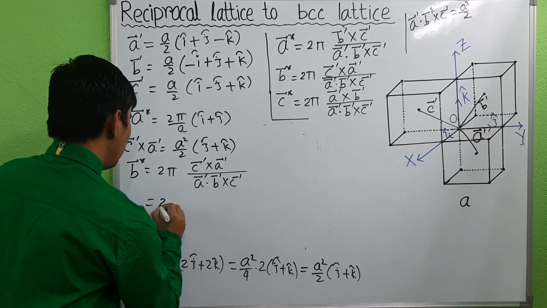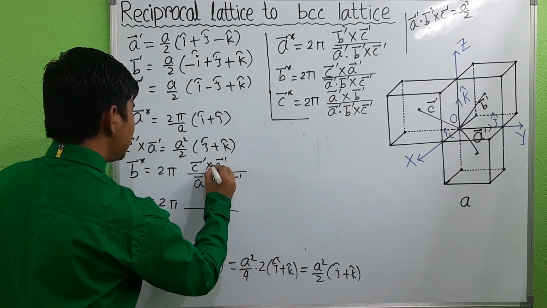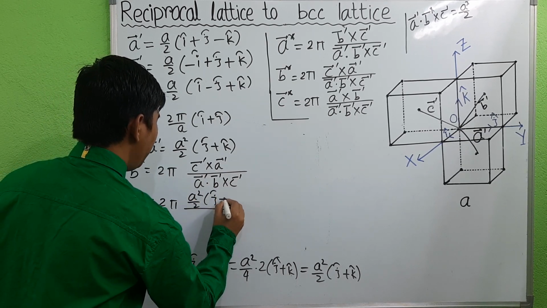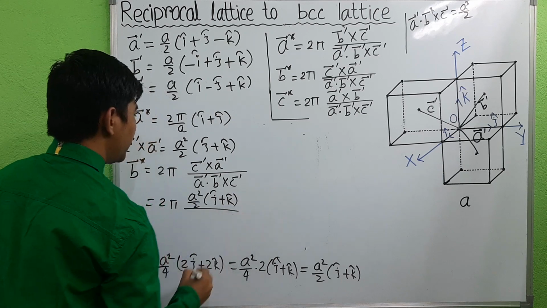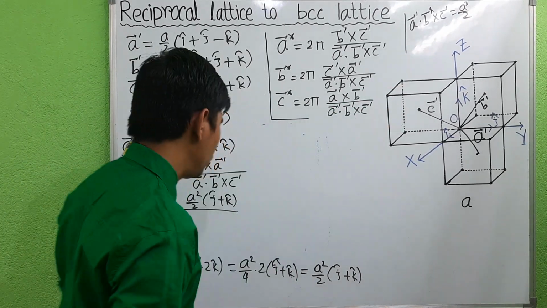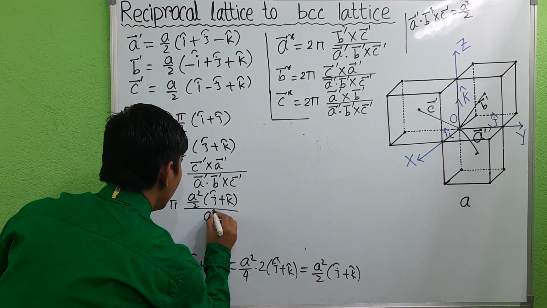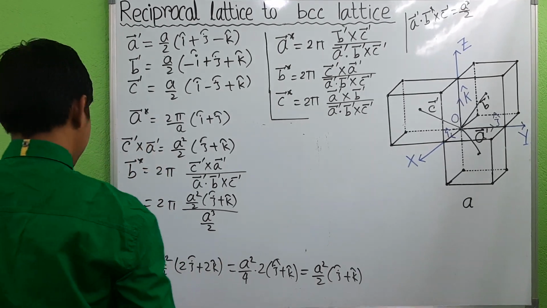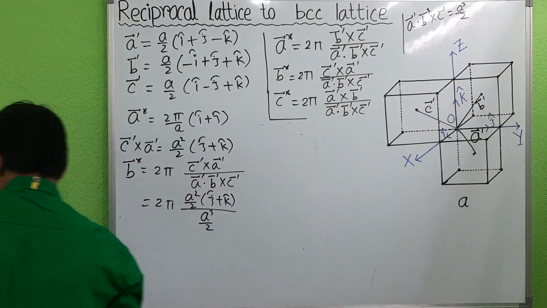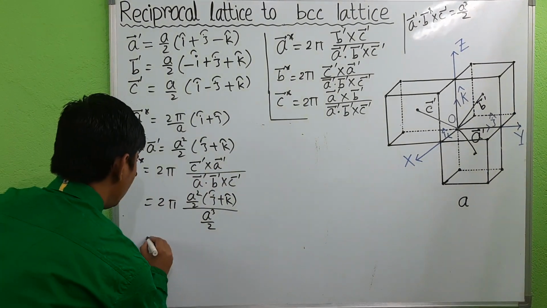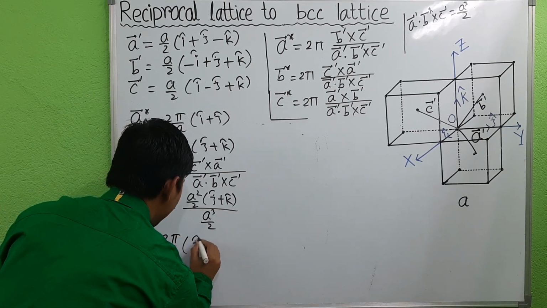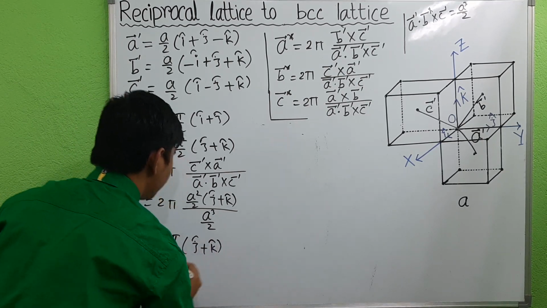So this is equal to 2 pi, where the value of c dash cross a dash is a square by 2 (j cap + k cap), and the value of this volume term is a cube by 2. So this is equal to 2 pi by a (j cap + k cap).